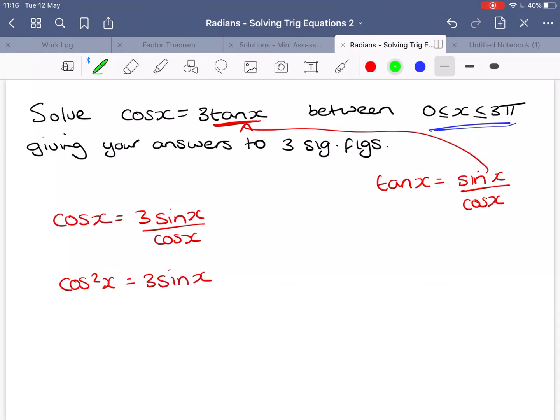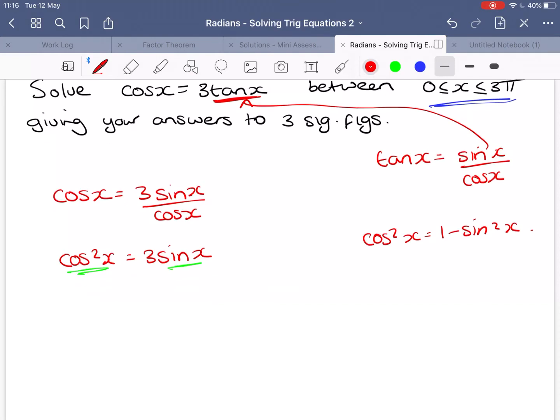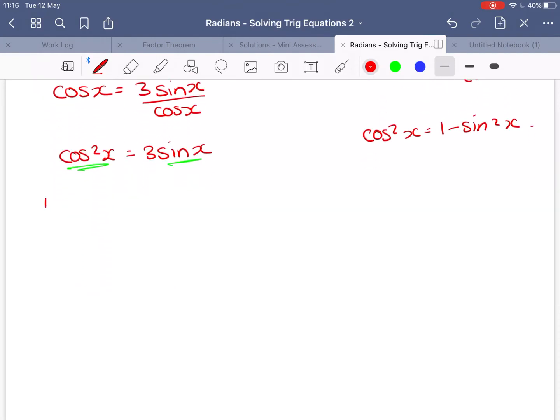Now, like before, we can't have equations with sines and cos squareds, so we have to use our cos squared x is 1 minus sine squared x. So on the right hand side, all the little bits that we're using. And so I end up with 1 minus sine squared x equals 3 sine x.